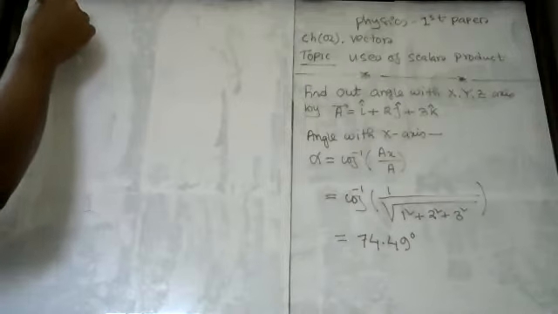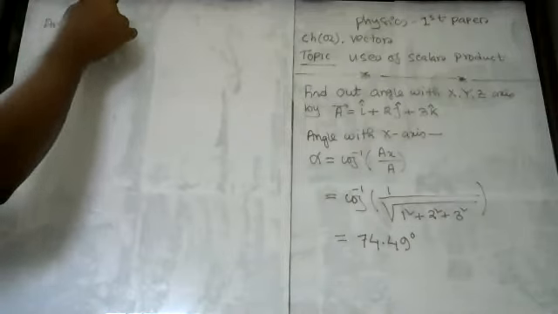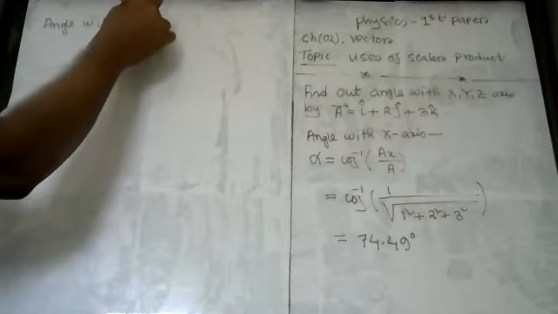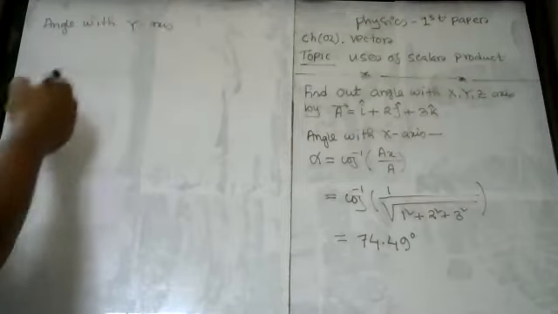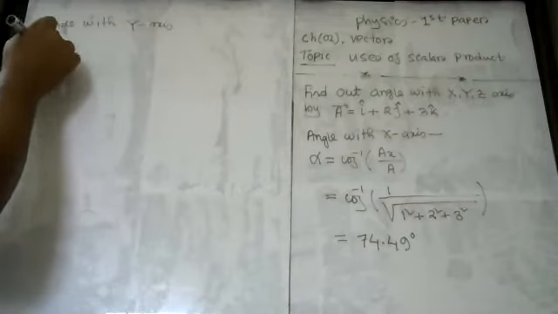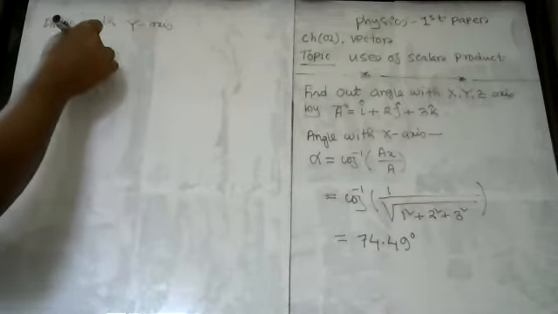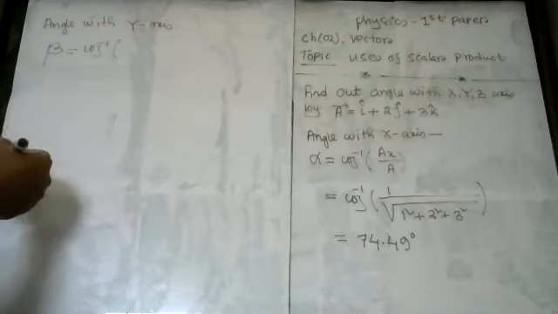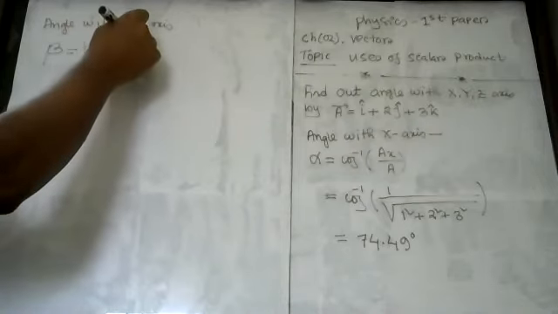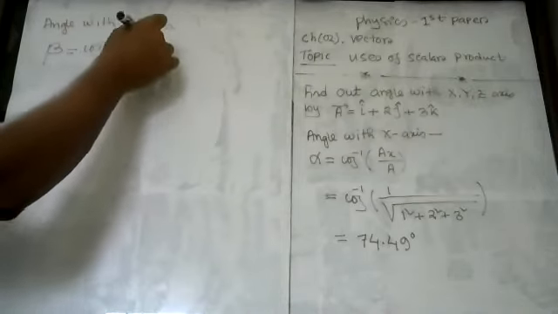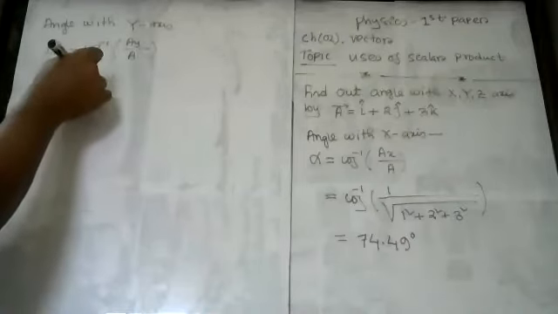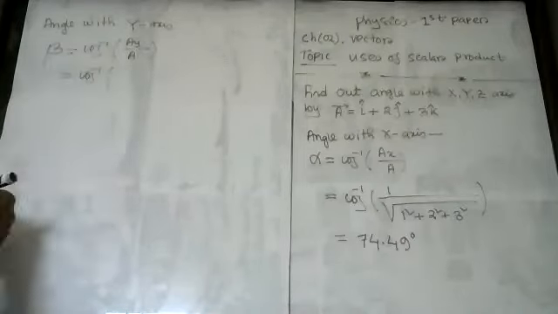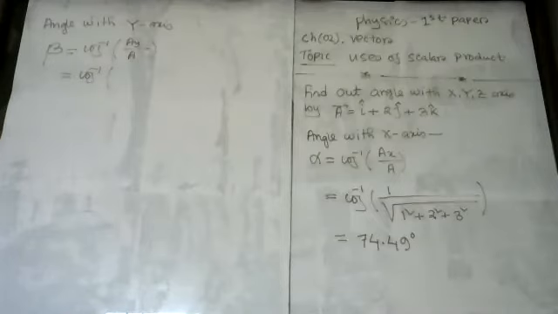Now, angle with y-axis. Suppose this is beta. Similarly, cos inverse of AY divided by A. What is the value of AY? AY equal to 2.